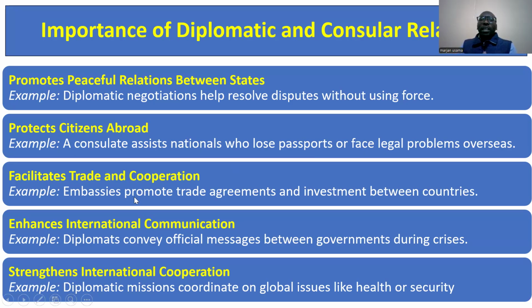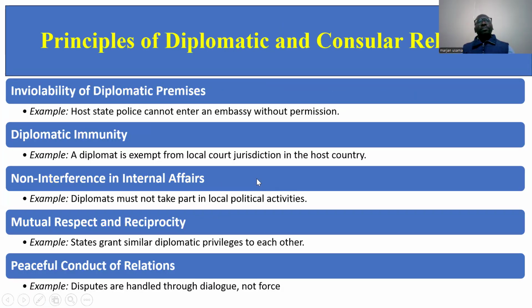Embassies normally promote trade agreements and investment. It enhances international communication: diplomats convey official messages between governments during a crisis. If there is anything official, it can be communicated through the embassies. It strengthens international cooperation: diplomatic missions coordinate on global issues like health, security, and so on.